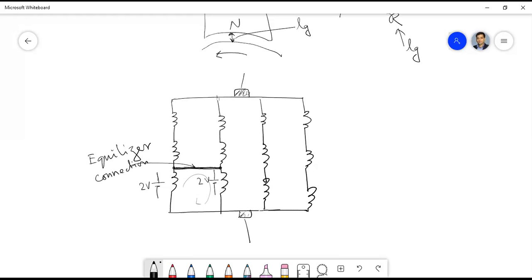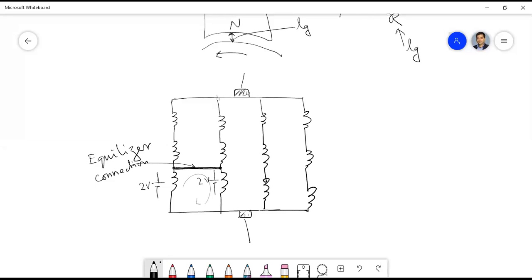Generally this connection is done at the overhang end of the coil, not at the commutator end, because it is easier to make the connection there. Sometimes the equalizer connections are done in the form of a ring. Then it is called the equalizer ring.